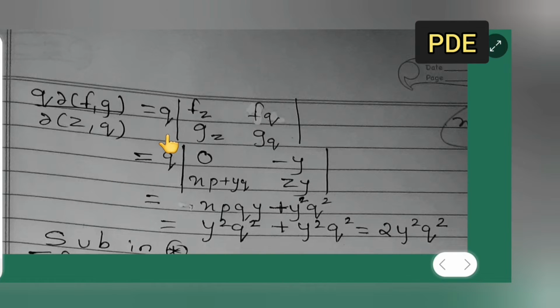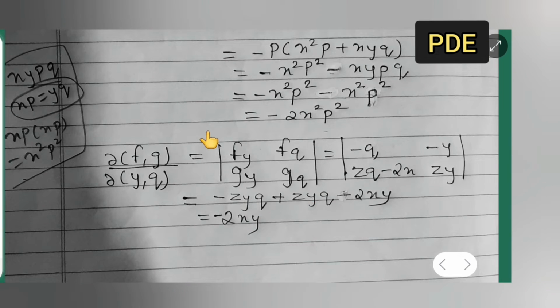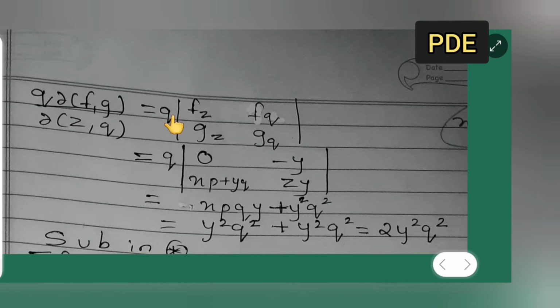Now next is this one: q times tau of f comma g upon tau of z comma q is equal to q, as it is. Now this, how you all are going to write? fz fq, gz gq. Now this is equal to q. fz is what?